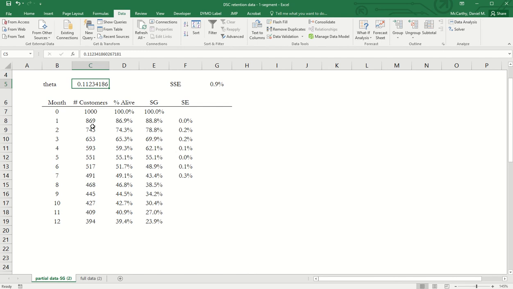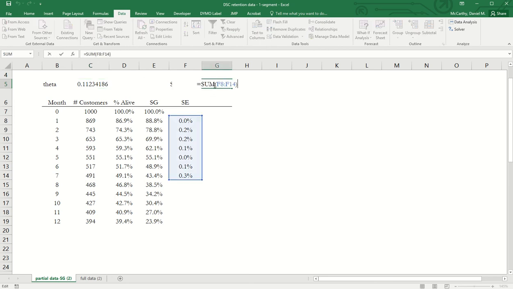But if you had a different data set, or the same data set but you wanted to see how well the model fit over a different number of calibration periods, the only thing you need to do is change this squared error sum to some other number of months, run Solver on that, and then see how you did.